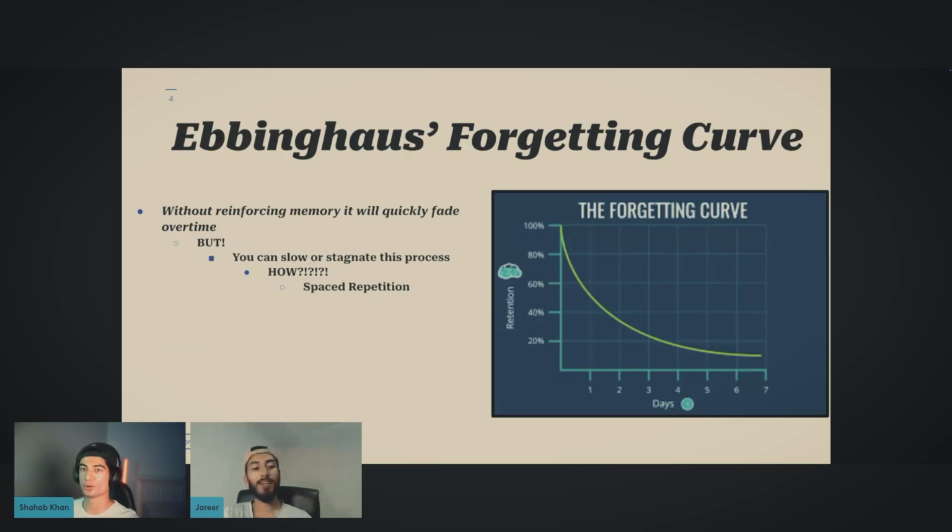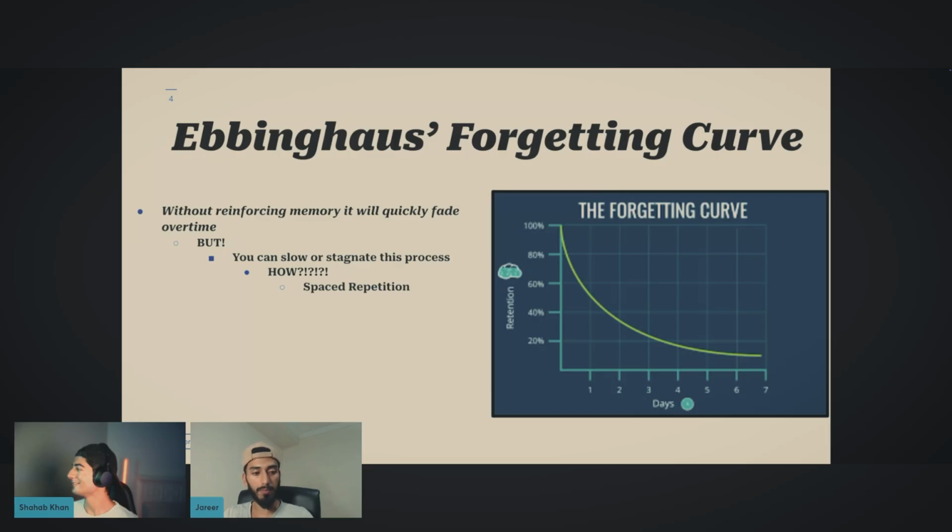The next thing we're going to go through is the Ebbinghaus forgetting curve. I don't know how to say his name. So the forgetting curve, if you look through the x and y, the x I'm pretty sure is the independent variable and the y is the dependent variable, right?